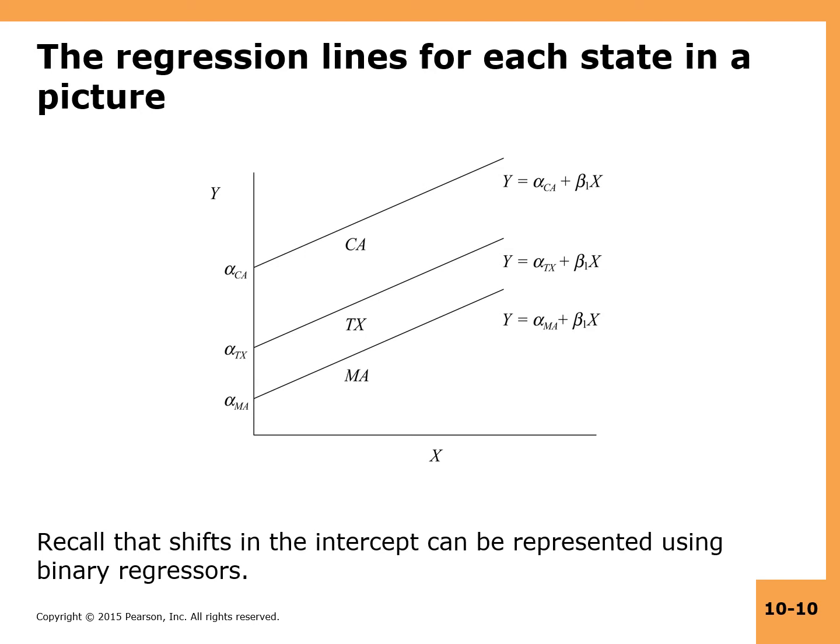If we were to plot these three regression lines, it would be three lines that are parallel to each other but have different intercepts. And that's because we have the same slope for these three regression lines. Recall that the shift in intercepts can be represented using binary regressors. So in other words, when we have three different regression lines with the same slope but different intercepts, we can represent this in one regression line with binary regressors.